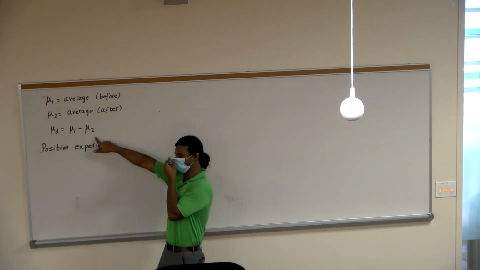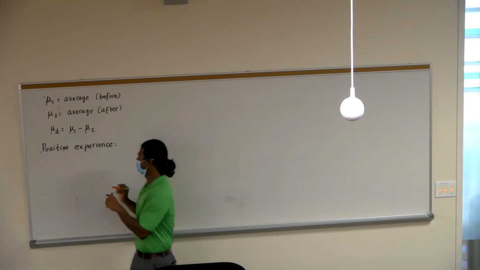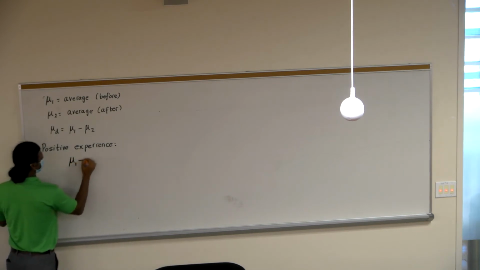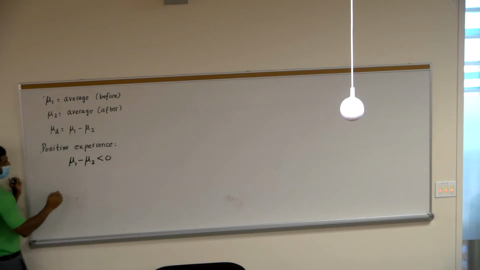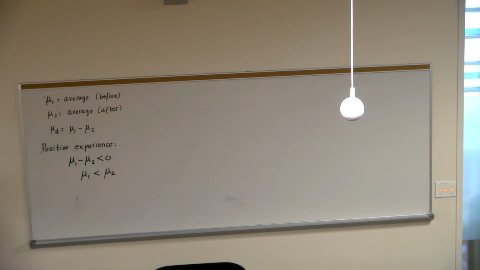After average is better than before average, which would imply a positive experience. So positive experience would mean mu1 minus mu2 is less than 0. In other words, mu1 is less than mu2. So the average before is less than the average after, which would indicate a positive experience.